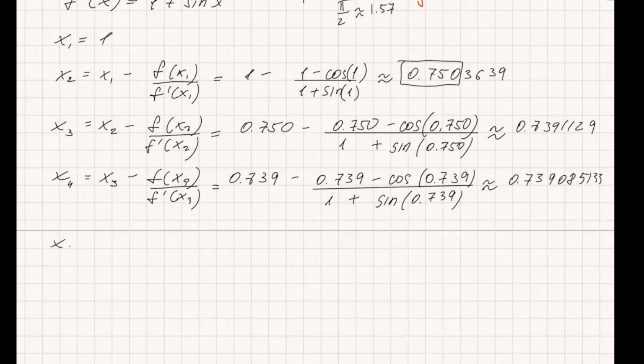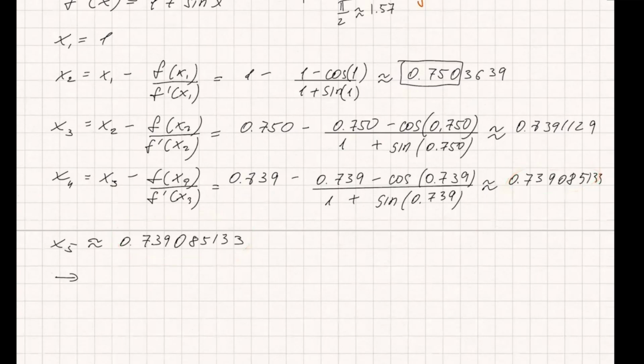Then if I continue on and do the 5th iteration, that would also be approximately 0.739085133, which is the same as the previous one. So I can conclude from here that if I do more iterations, that will not help me because I still approach this value.